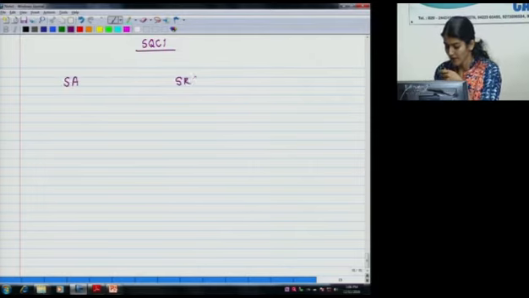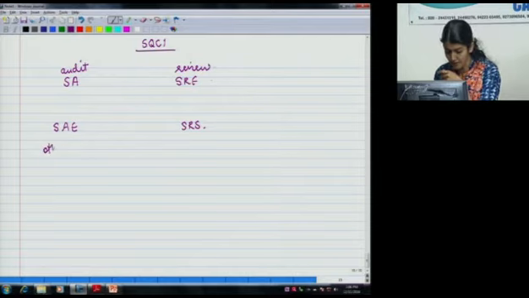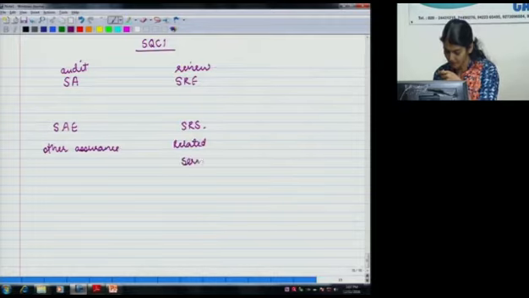SA, SRE, SAE, and then SRS: standards on auditing, standards on review engagements, then the standards on assurance engagements, so other assurance other than audit and review, and then the standards on related services.